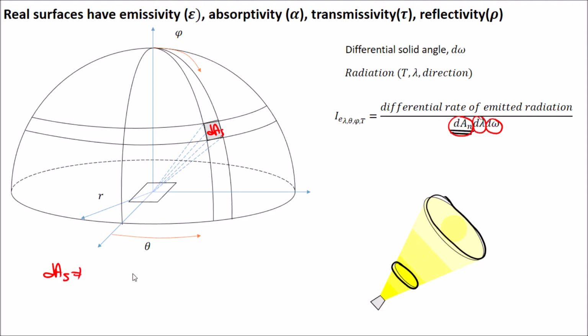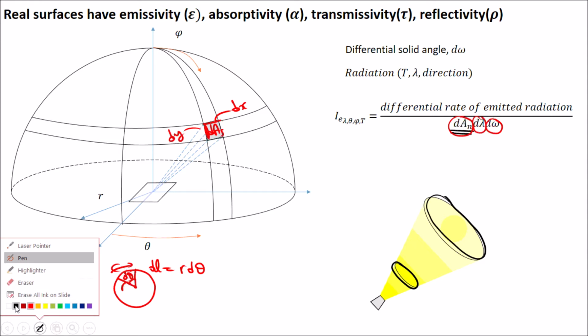dAs can be found, if you remember from differential calculus, if you have a radius here and I take a small angle d theta here, the small distance dl, the length, can be found by r d theta. So the radius and the angle are enough to find the length of this piece. And similarly here, I have dAs, it has two pieces, one is dy, the other one is dx. I'm trying to find what dx and dy are.